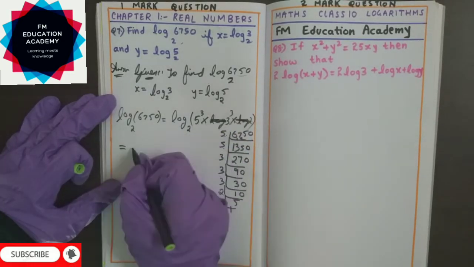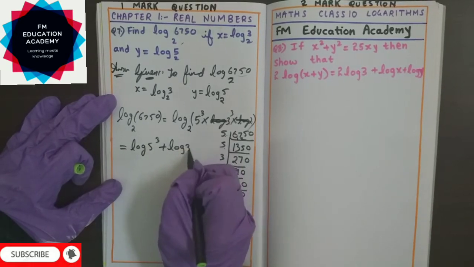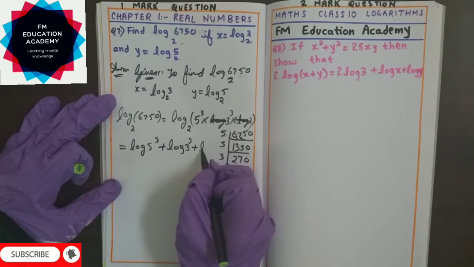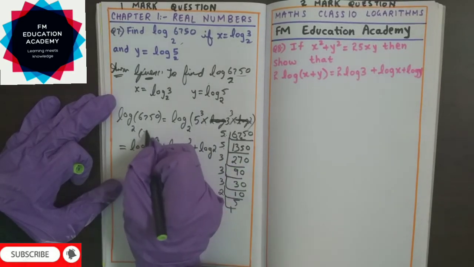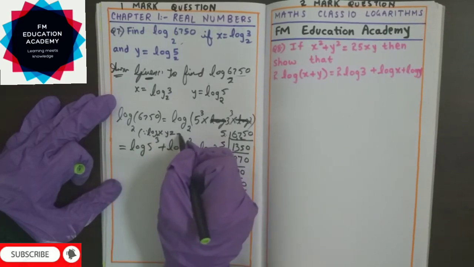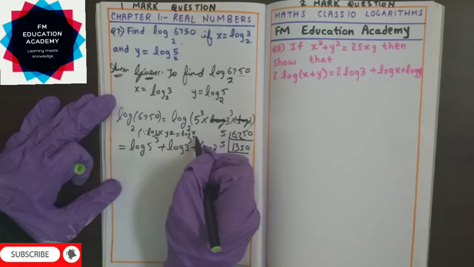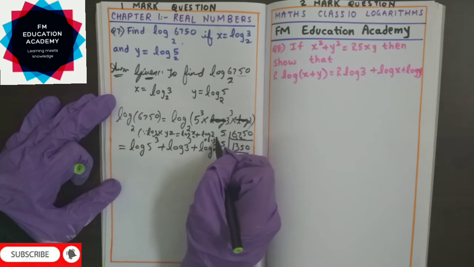So x is 5 cubed here, which means log 5 cubed, plus y is 3 cubed here, which means log 3 cubed, plus z is 2 here, which means log 2. Now observe this, this is again of the form of log xyz to the base a is equal to log x to the base a plus log y to the base a plus log z to the base a. So I'll write the formula being used here.